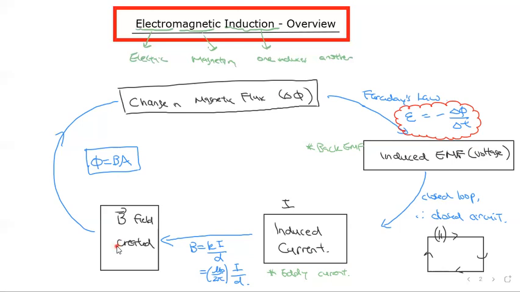Now, the magnetic field can change the magnetic flux in one of two ways. It can either increase the magnetic flux, so it will increase the change, or it could go against it and decrease the change. And if you think about this, if this goes up and you go around the circle and you make it go up even more, that means you're going to go around the circle again and make it go up even more and even more.